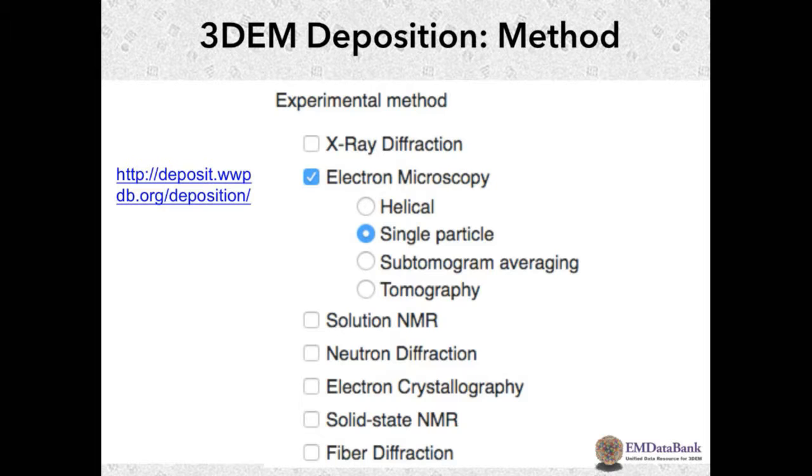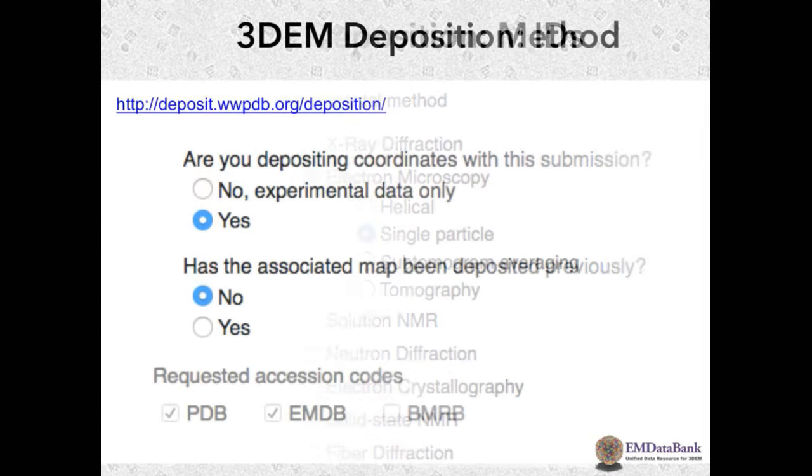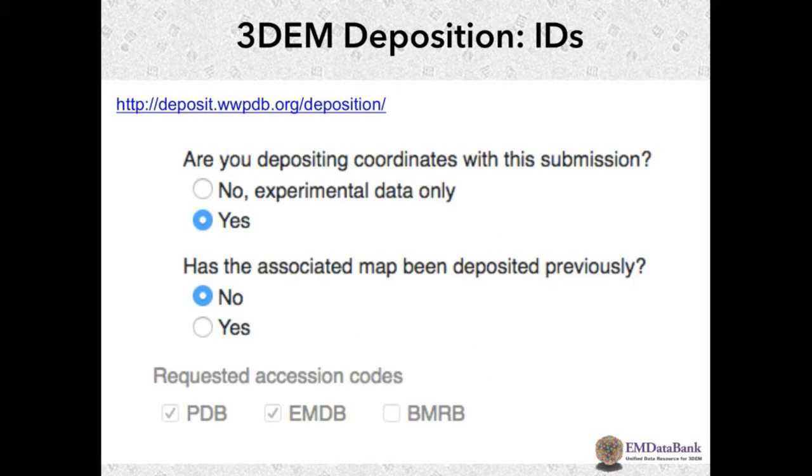Then you get asked a few questions. Are you depositing coordinates with the submission? And so you can say yes. If you happen to say no, it will ask, oh, wait a minute, sorry, it's the next one. So it has the associated map deposited previously.